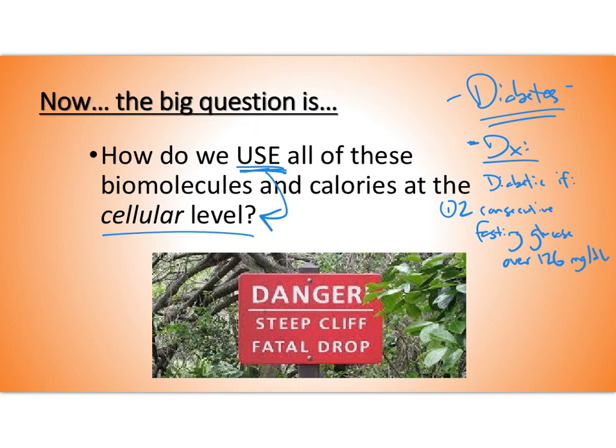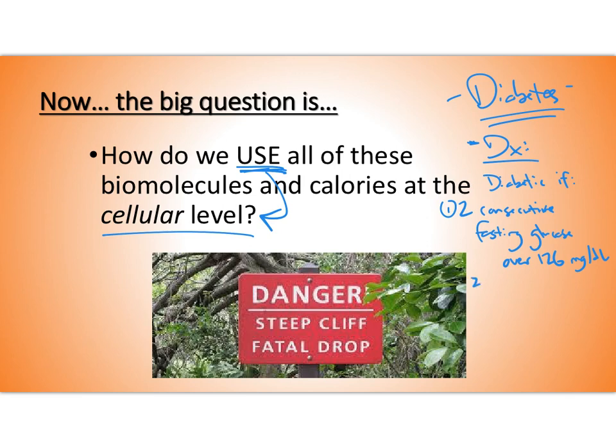So that would mean you would be fasting, so you wouldn't have eaten for a while. They take your blood, your glucose is over 126. So they would kind of put a watch on it. Ask you to come back sometime in the near future and have the same test done again. And if it comes back over 126 again, then they would say, okay, you have diabetes.